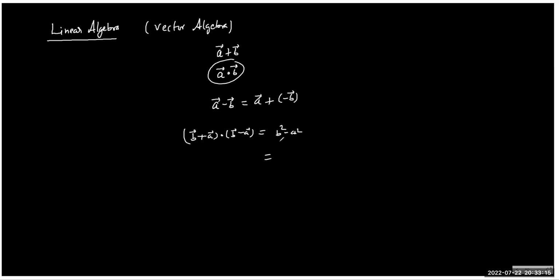So basically, how big is this number? This is actually, let me show you, bx square, by square, bz square minus ax square, ay square. So actually, what you can see, there are three separate numbers creating this effect.